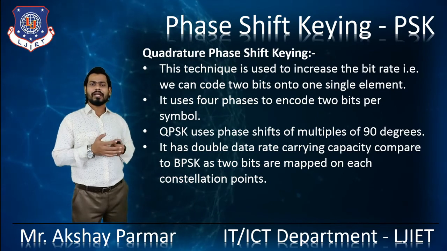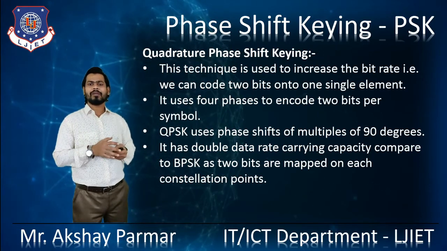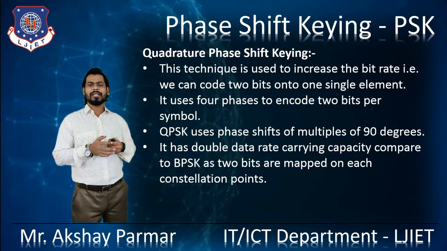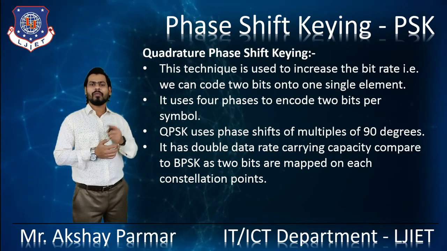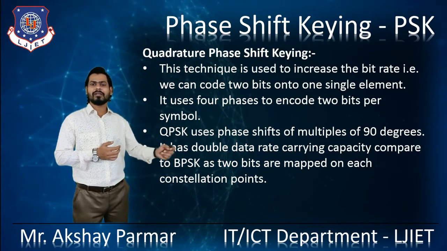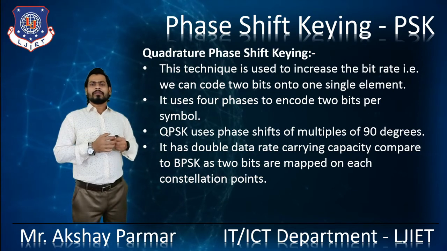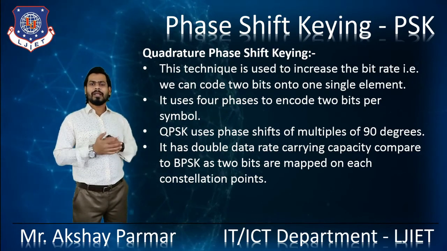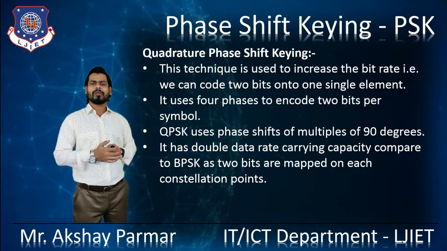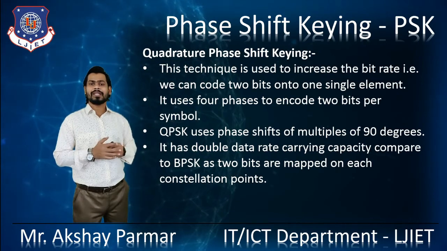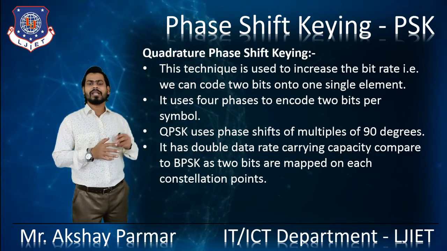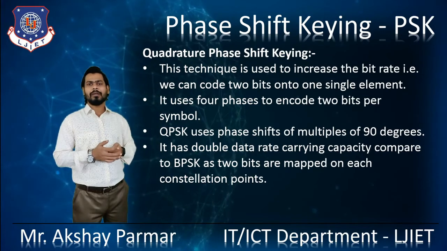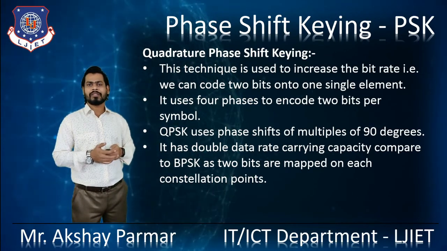It has double the data rate carrying capacity compared to BPSK, as 2 bits are mapped on each constellation point, right? So this is about quadrature phase shift keying.